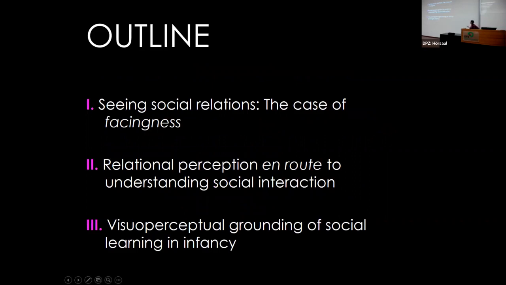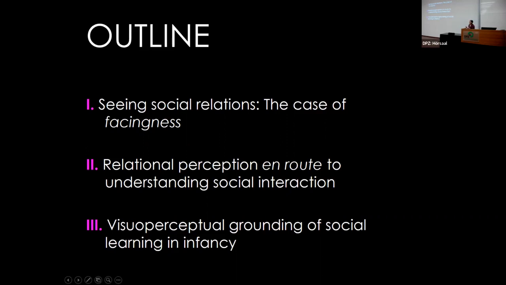In the first part of the talk, I'm going to show you some evidence suggesting that we see social relations, just like we see visual features and objects. Then I'm going to present other lines of research showing that this visual specialization for socially relevant spatial relations supports the system for understanding actions and social interactions.